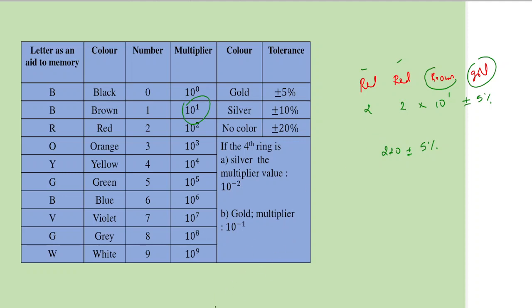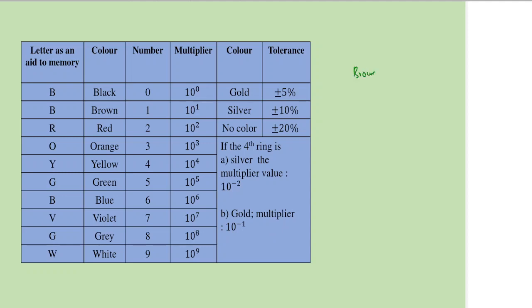Take one more example. Say for example, let us take colors like brown, then green, orange, and then silver. Here brown stands for 1, so it is 1. Green is 5. The third, orange, is the multiplier, which is 10 power 3.